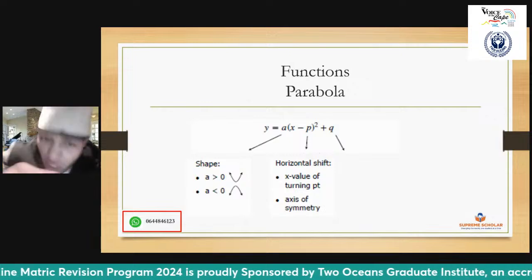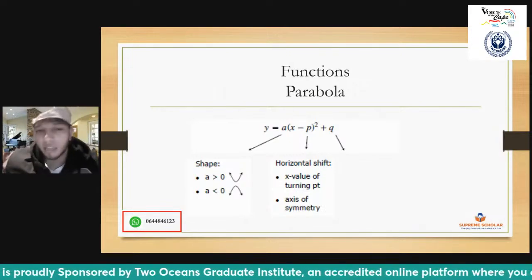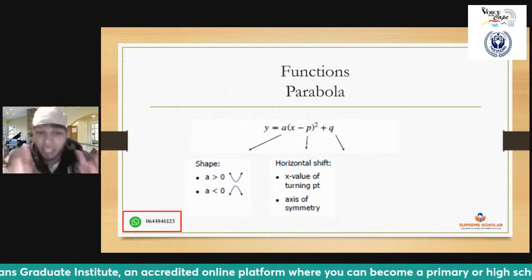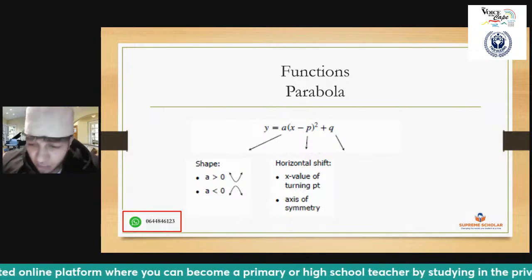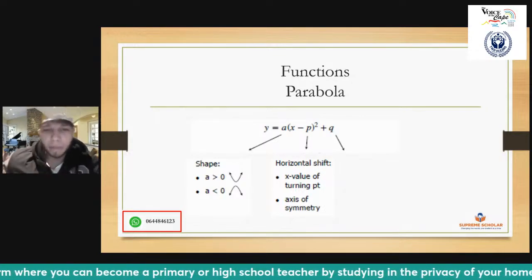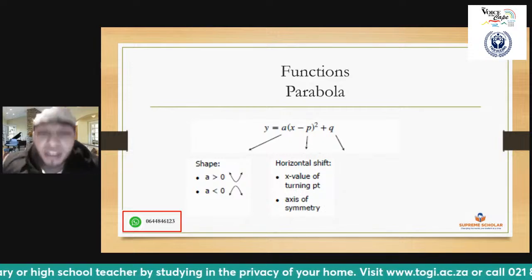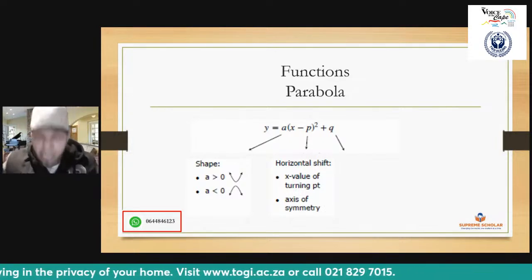If it's a positive value in the bracket, then the x value of the turning point is positive, because of the formula, where a negative times a negative is a positive. So if they ask you for the equation of the axis of symmetry, you just say x = p, or x equals whatever the x value of the turning point is within the particular equation you're dealing with.